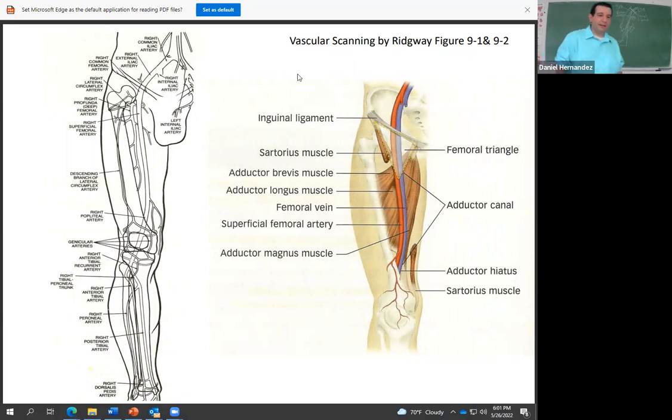Also know that the SFA courses through something called the adductor canal. So that can oftentimes make it a little more difficult to image just because of the thickness of that adductor canal. And it could also potentially lead to the development of stenosis as a result of compression from that adductor canal.